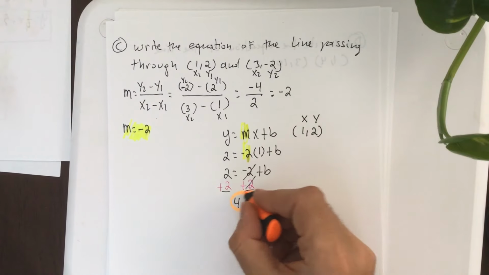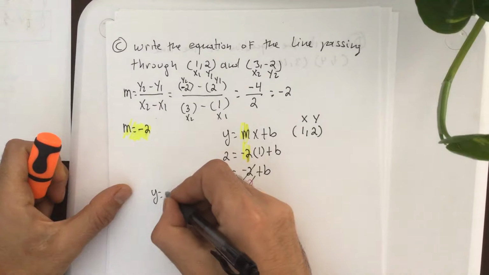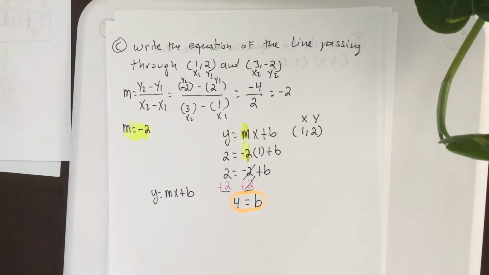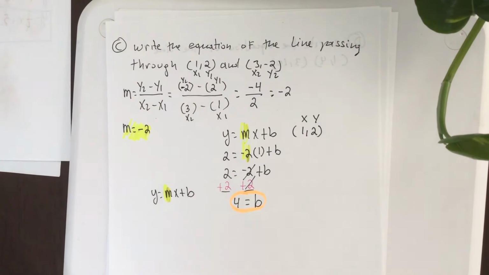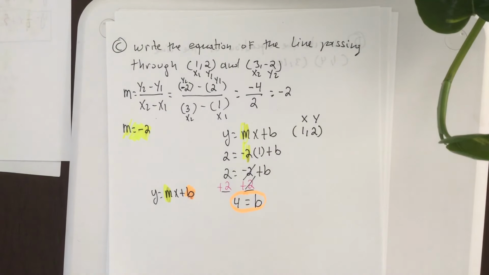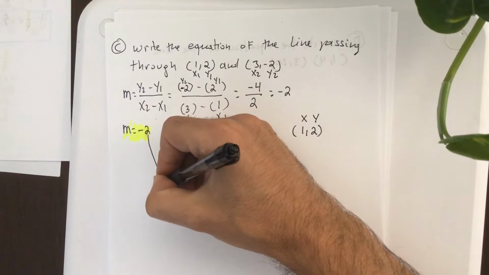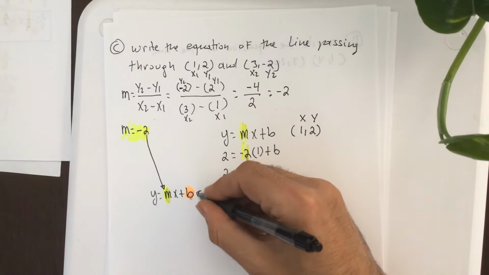Now I got the information that I need. Remember, I'm gonna be using y equals mx plus b, slope intercept form. Now do the substitutions, and you got the answer. So this one is gonna go there, and this one is gonna go in here.